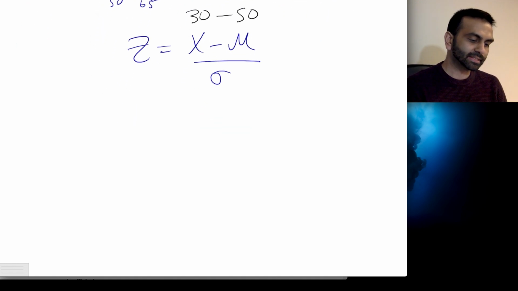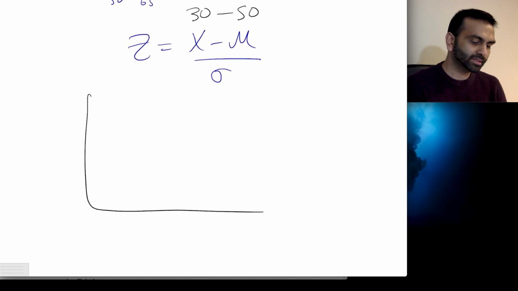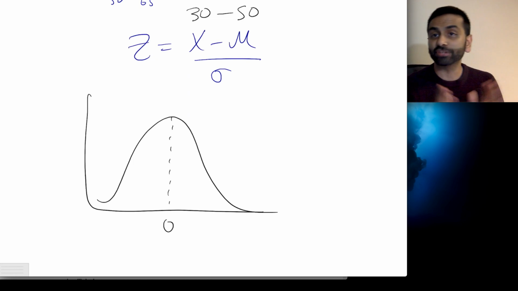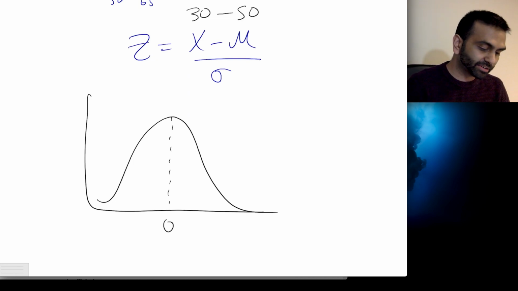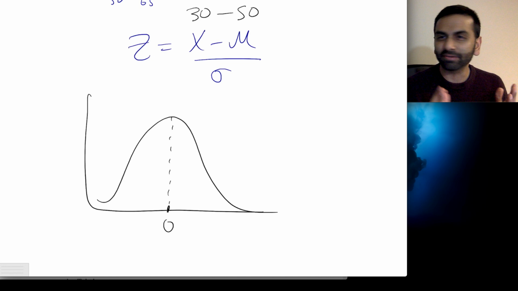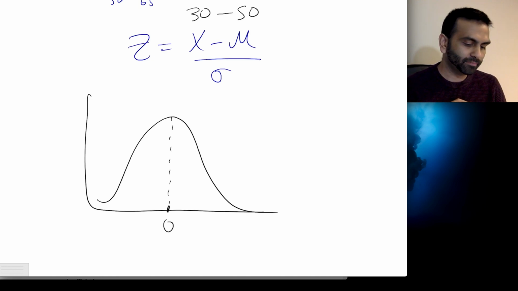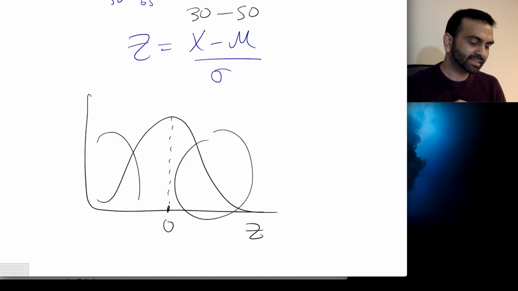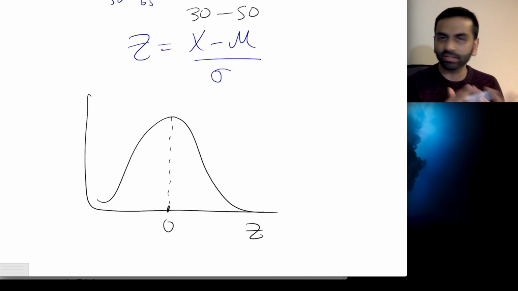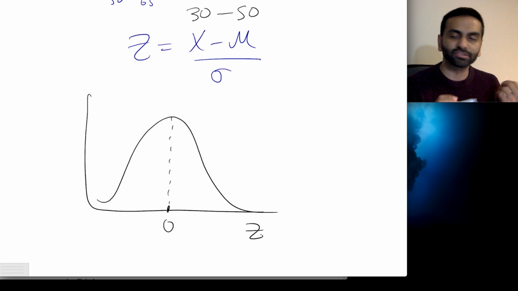So if you look at the distribution of all z's in the world, z and t average out to 0, because the mean is literally 0 away from the mean. The mean of your population has a z value of 0, and there are as many positive as negative, and it's symmetric. So that's your z and t.